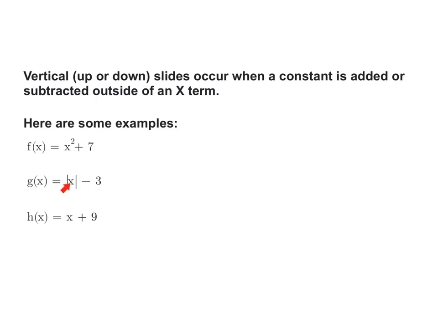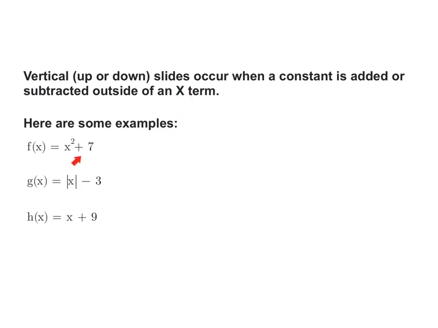I have this absolute value that sort of serves as a barrier. In this case, this 7 is outside of the x squared because the 7 is not also being squared. Just the x is being squared. With the identity one, it's always going to sort of look the same. These are all vertical slides, and these values 7, negative 3, and 9 are outside of the x term. Hopefully that kind of makes sense to you.